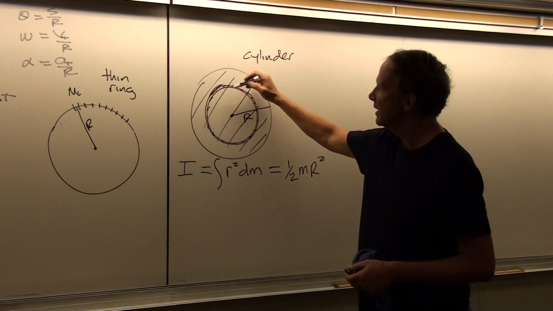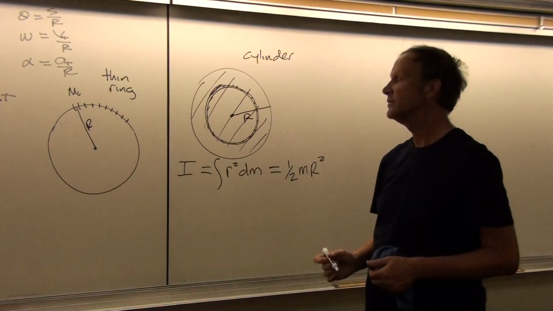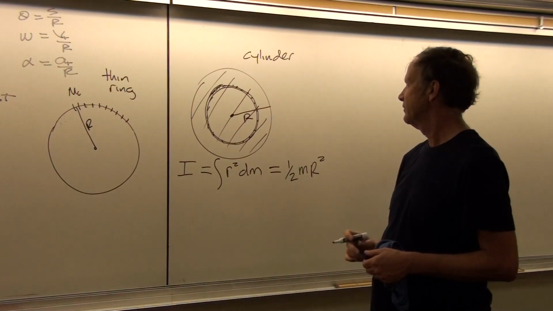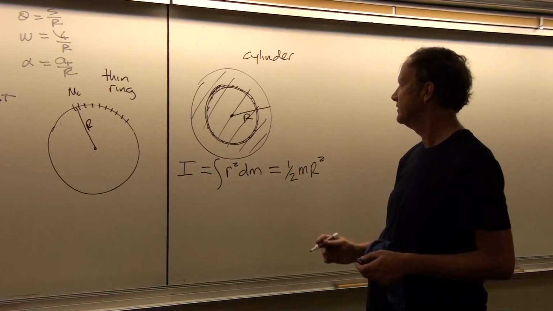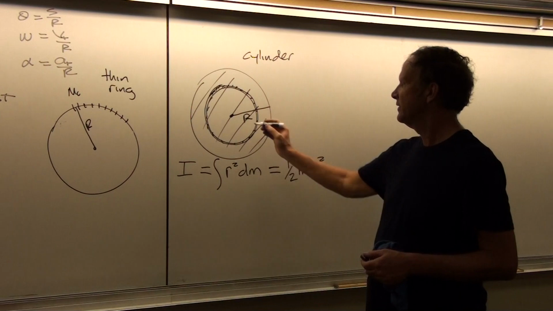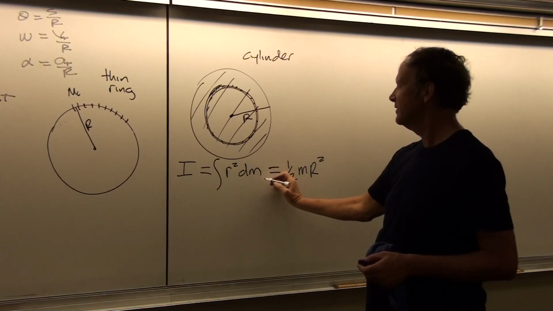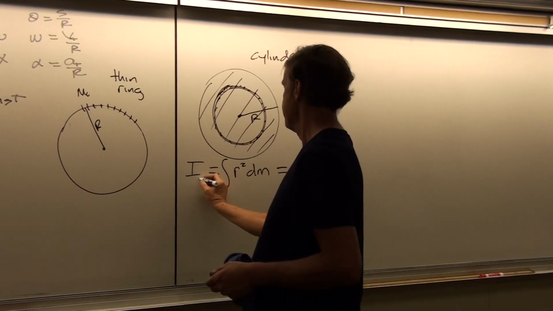And it's an infinite sum of thin rings that has different values for r for each of the thin rings. And so the net result then is equivalent to this object having essentially 1/2 the mass and being a thin ring. Okay, and so this is the result then for a cylinder.